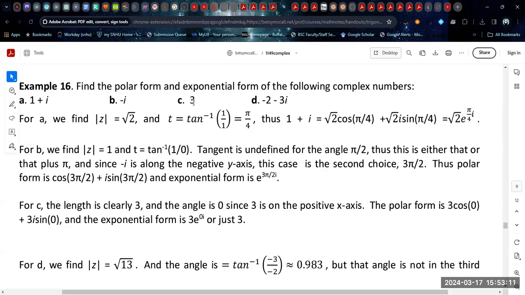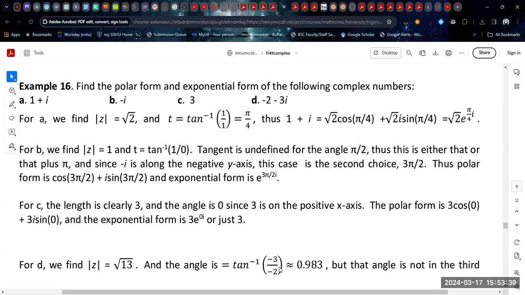For this one, this is a real number, so the angle is 0 because it's on the positive x-axis. And so the radius would be 3. If this was a negative number, we would use pi and a positive radius. And then for this one, again, we calculate our radius. 4 squared plus 9 squared gives me the square root of 13.